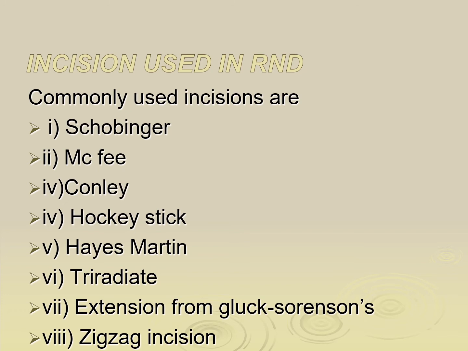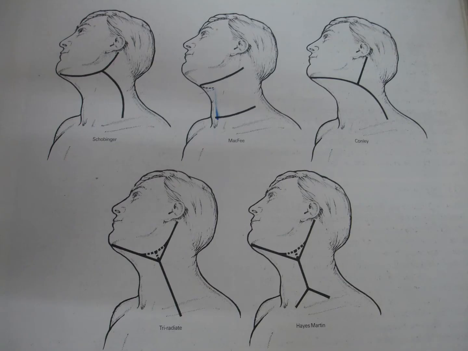So there are a lot of incisions used for the radical neck dissection: Schobinger, McFee, Conley, hockey stick, Hayes Martin, Dryad, extension loop, apron, zigzag incision. This is a diagrammatic representation showing the types of neck dissection incisions. Mostly the Schobinger and Conley are almost the same.